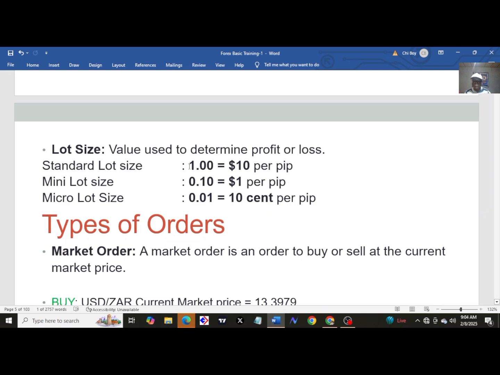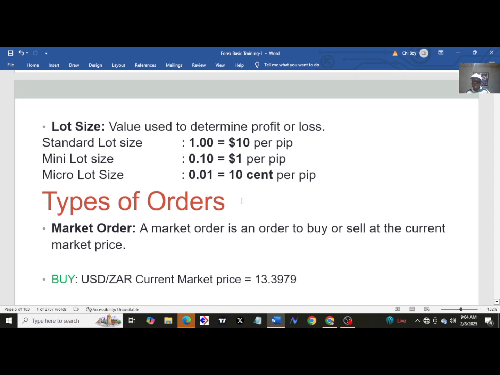So it's either you are using standard lot size or you are using the mini sizes or micro sizes. So the mini size is every single pip move you are making or losing $1. And in micro lot size, which is 0.01, is 10 cents per each pip move. Yes, per each pip move.